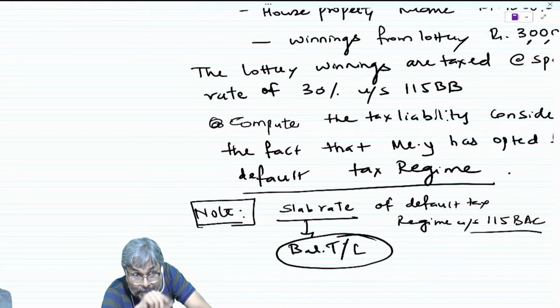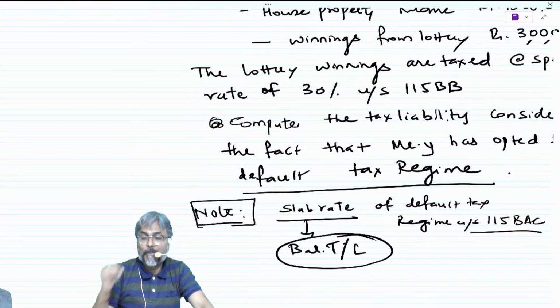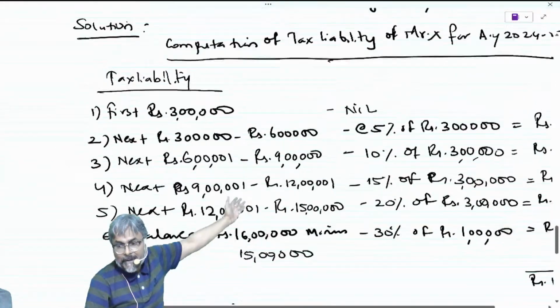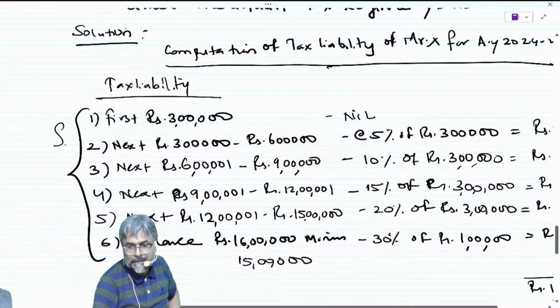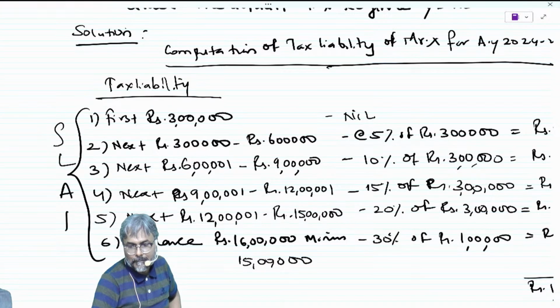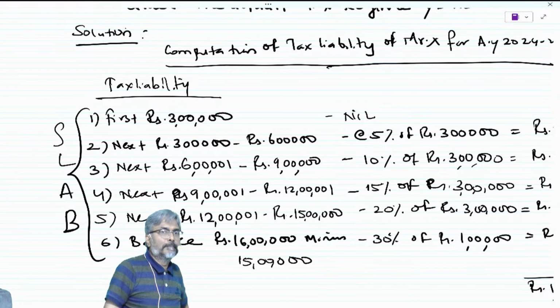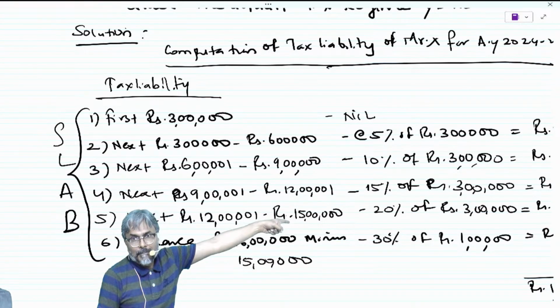Special income 3, special rate. What is the special rate? Told you, 30%. Balance is how much? 13. On 13, apply the slab. What is the slab? We already did. This is the slab.